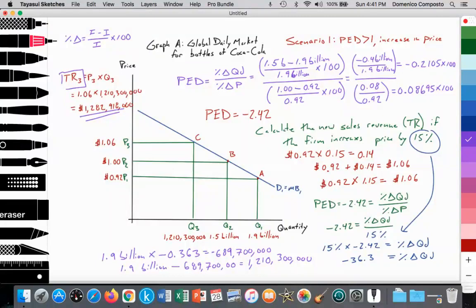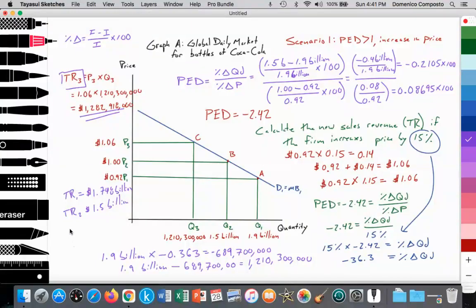And when we calculated at $1, it was at 1.5 billion. So we can see that as the price is increasing, the total revenue is falling. Just reiterating it, the initial total revenue was 1.748 billion. Then when we took it up to P2, total revenue fell to 1.5 billion.